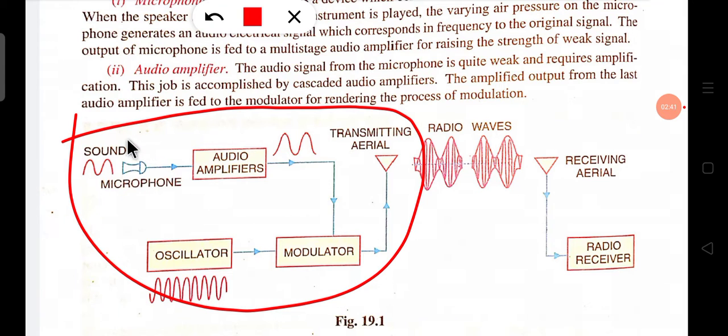First of all, let's see the microphone. What is the function of the microphone in the transmitter circuit? The function of the microphone is that it converts the audio signal or speech signal to an electrical signal. Can we directly send the speech signal to the other end?